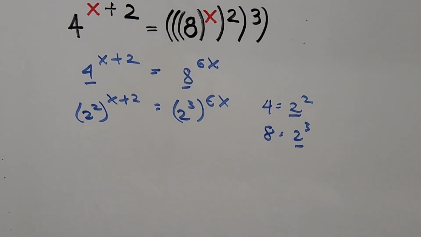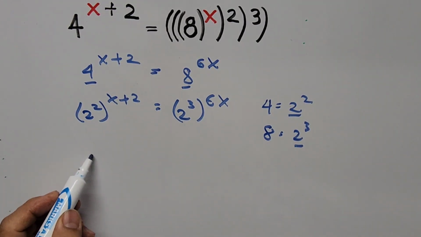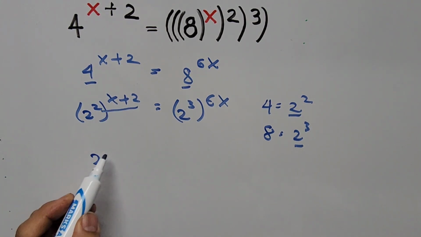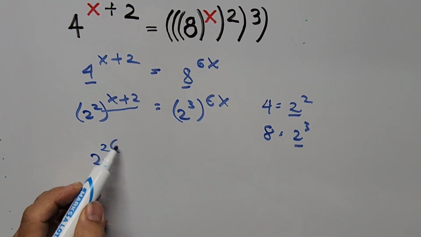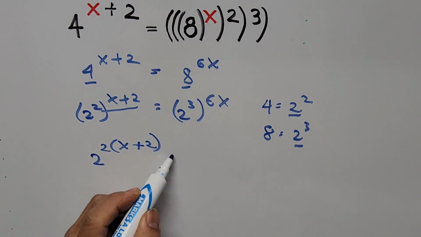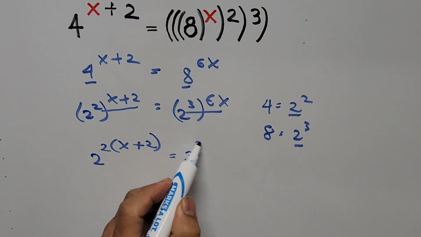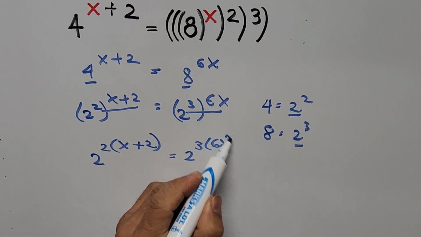Simplify the terms of the equation. So this is now 2 to the power of, we have this 2 right here, multiplying together. So this is now 2 times the quantity x plus 2 equals, the same way on here, 2 to the power of 3 times 6x.